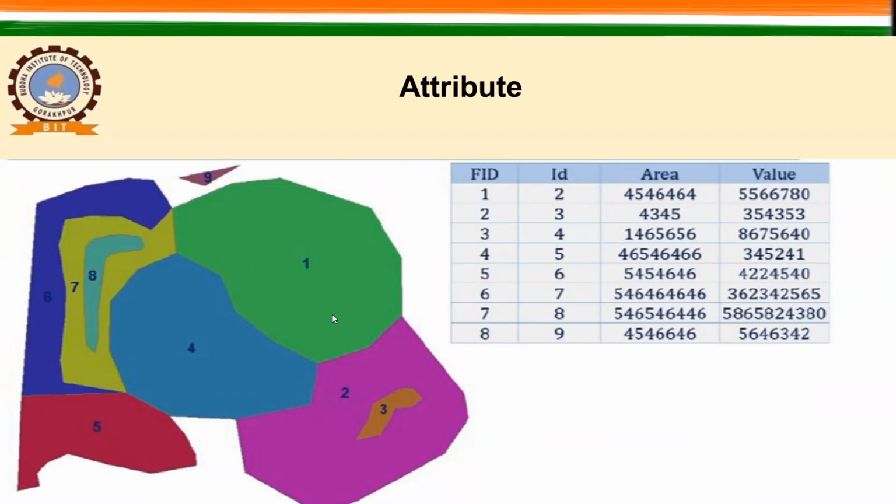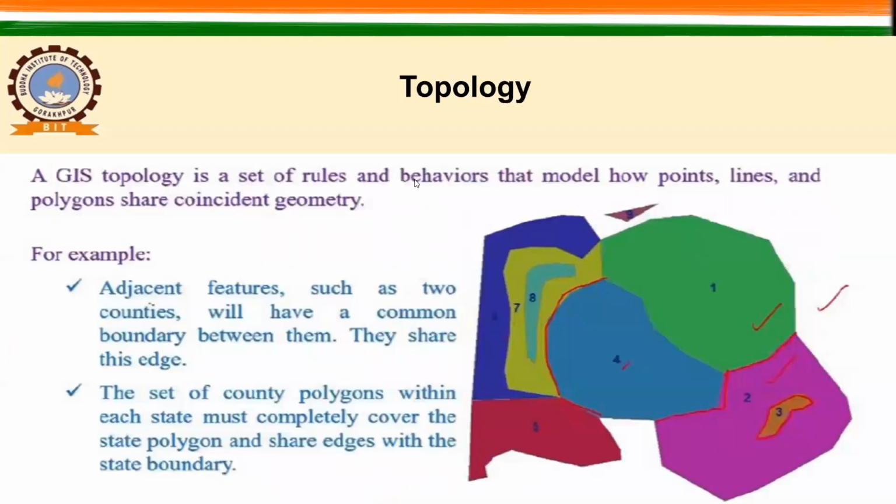The attribute table may look like this, where you have many other parameters apart from the FID and ID, right? So you can use this table to interpolate or to extract the information you want. Now the next component was the topology.